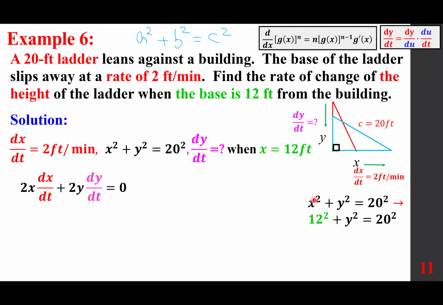So when x is 12, we get 12 squared plus y squared equals 20 squared. 12 squared is 144. 20 squared is 400. Subtract. You get 256. You take a square root, y becomes 16 feet.